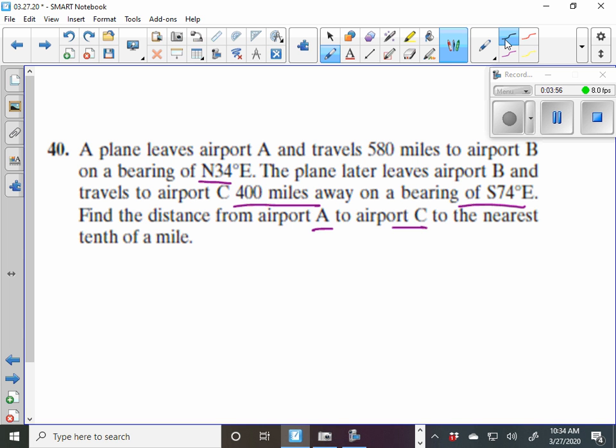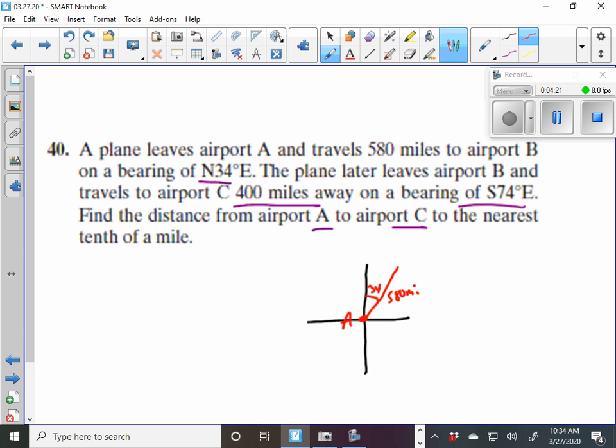Since we're going northeast, I'm going to move this to the left a little bit. That's going to be my airport A, and north 34 degrees east is something like this. That's 34, and that's 580 miles.